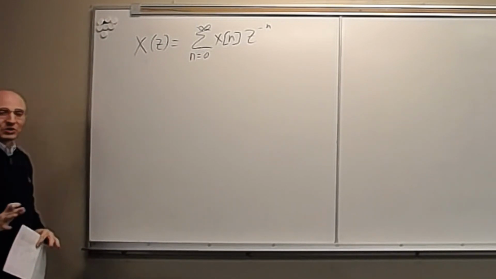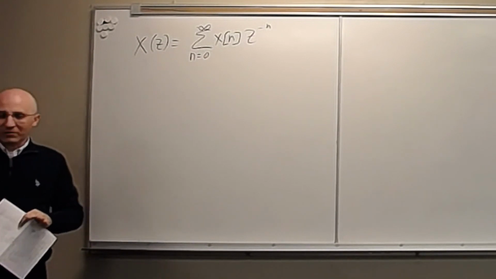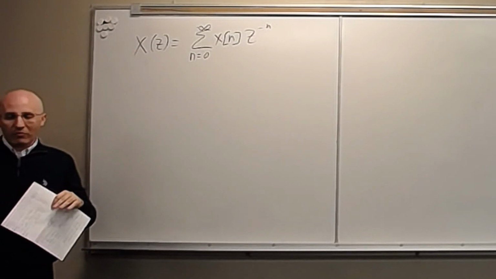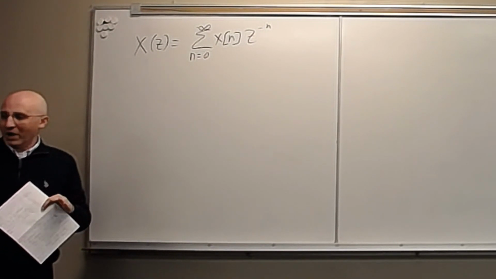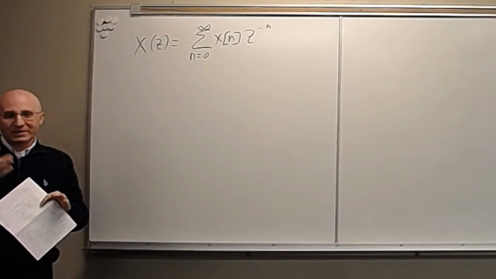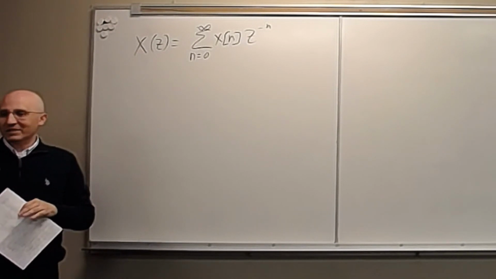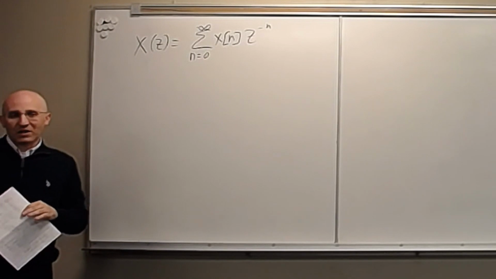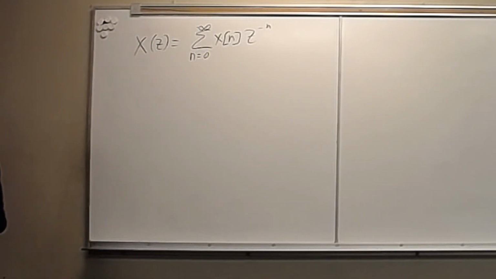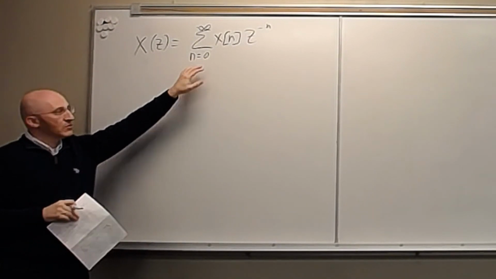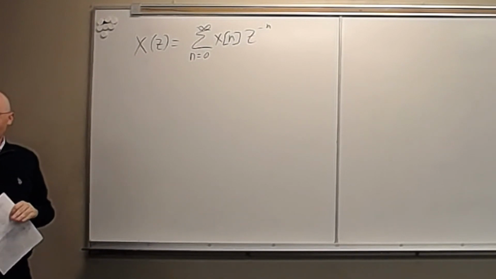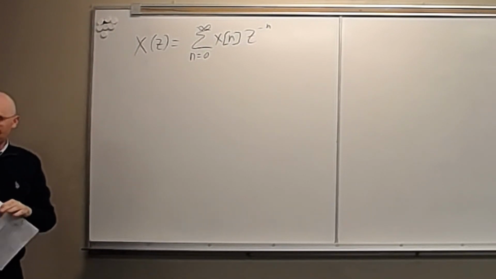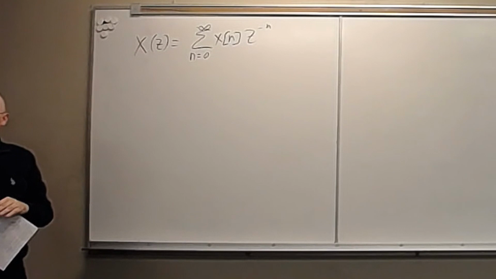Now, we always need to define where n starts, because if you have a sequence of numbers like 1, 2, 3, 4, 5, you need to start from n equals 1 or n equals 0. You need to show where it starts, okay? You always start with n equals 0 in that case, because this one is only positive sequences. Now, that n equals 0 could be at any place.